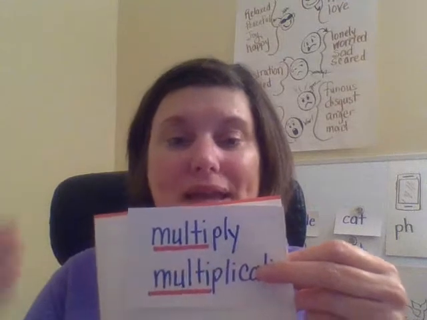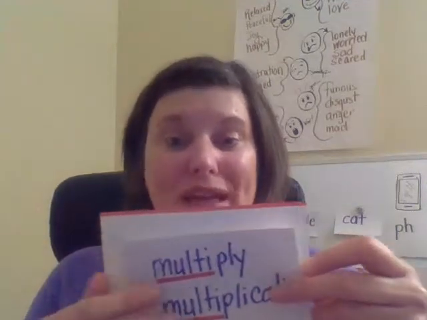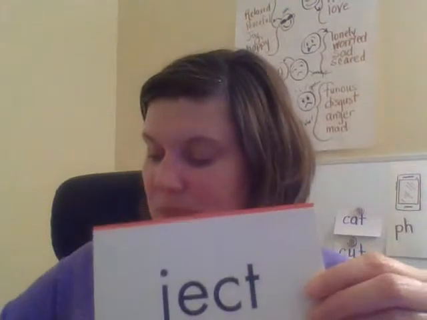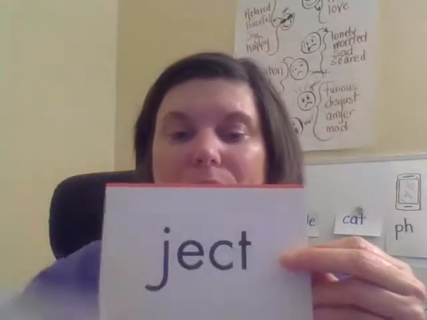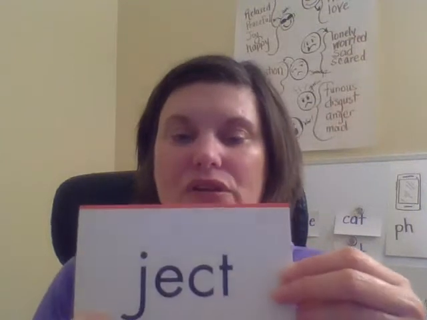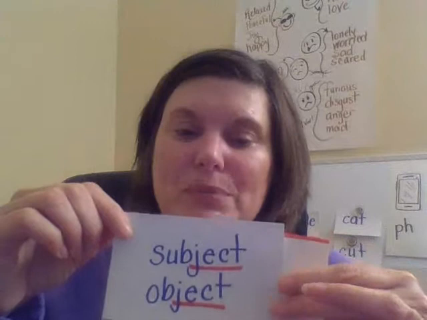When you multiply, you are adding groups together, many groups together. So many. All right. So this one would be like in subject or object. So this says ject. Together, ject. Your turn, ject. Very good.